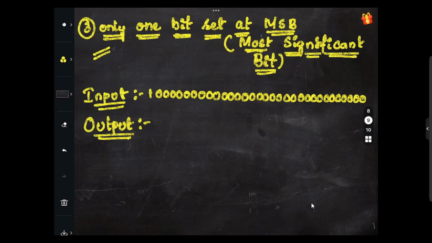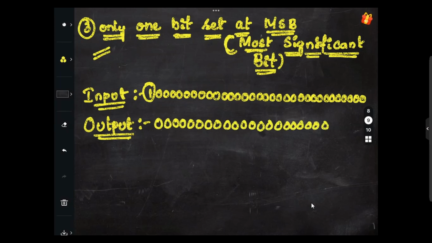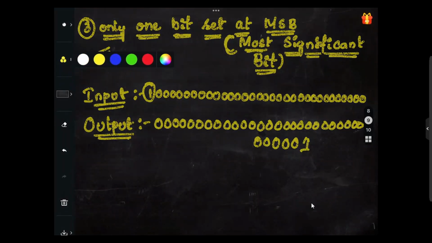The third edge case: only one bit set at the MSB. MSB is nothing but the most significant bit. Here you can clearly see only one bit is set at the MSB, so the output will be this. Let me put all zeros here, 3, 4, 5. This will be 1 in this case.